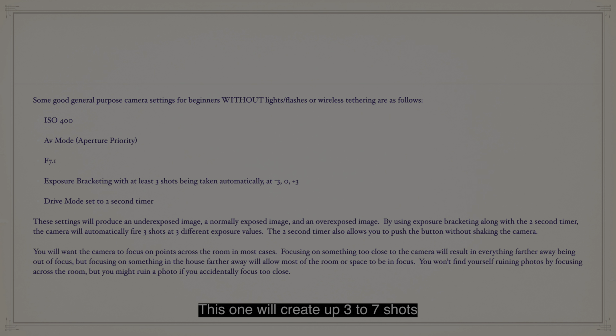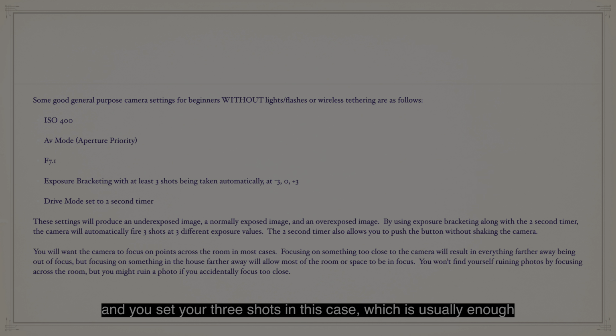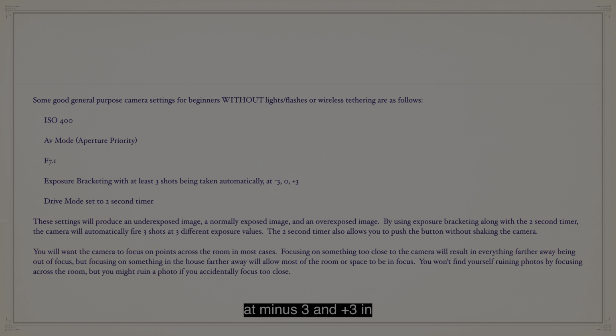This one will create 3 to 7 shots at different exposures quite automatically. And you set your 3 shots in this case, which is usually enough, at -3, 0 and +3 in the exposure bracketing settings. And the drive mode set to a 2-second timer.